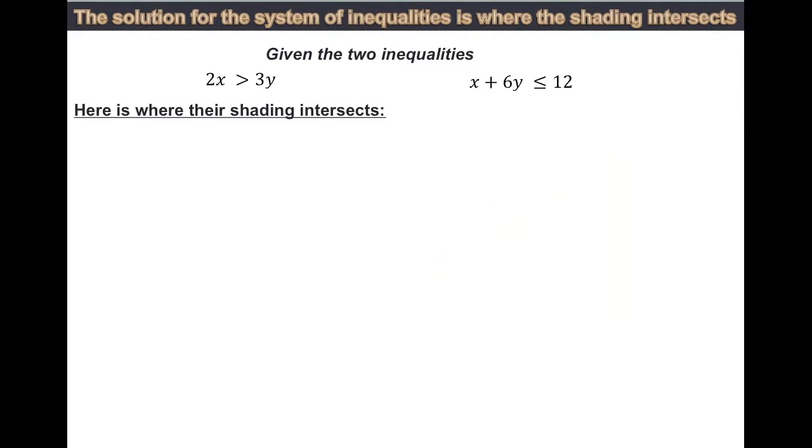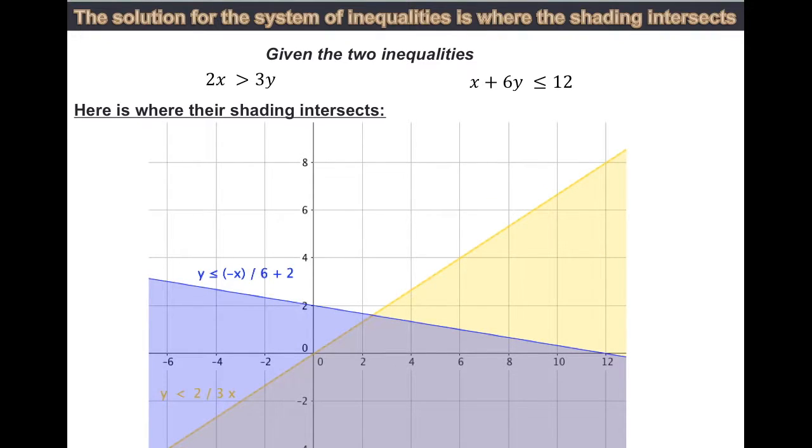The solution for the system of inequalities is where the shading intersects. So we shaded the first inequality, you shaded the second inequality. So let's put it together. Given the two inequalities, 2x greater than 3y and x plus 6y less than or equal to 12, this is where their shading intersects. So all I did was I superimposed both of the shading that we did, one on top of the other.